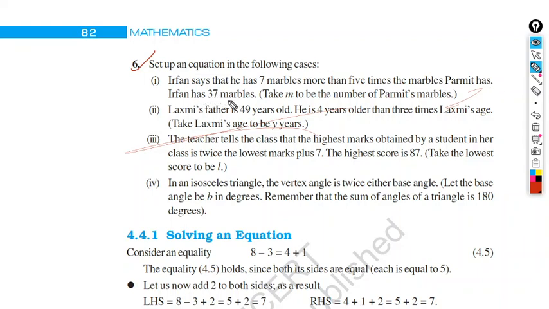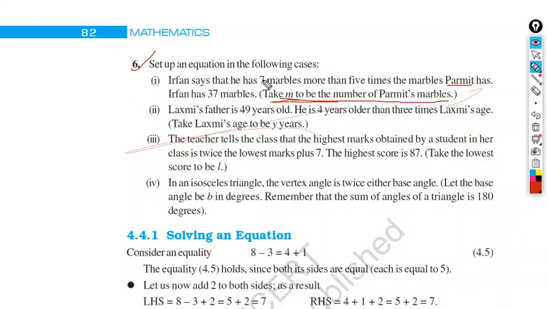We don't know how many marbles Parmit has. So we can write, let Parmit have x number of marbles. In your book it is given as m, but in your exam this hint will not be given. So here a hint is given that let m be the number of Parmit's marbles.